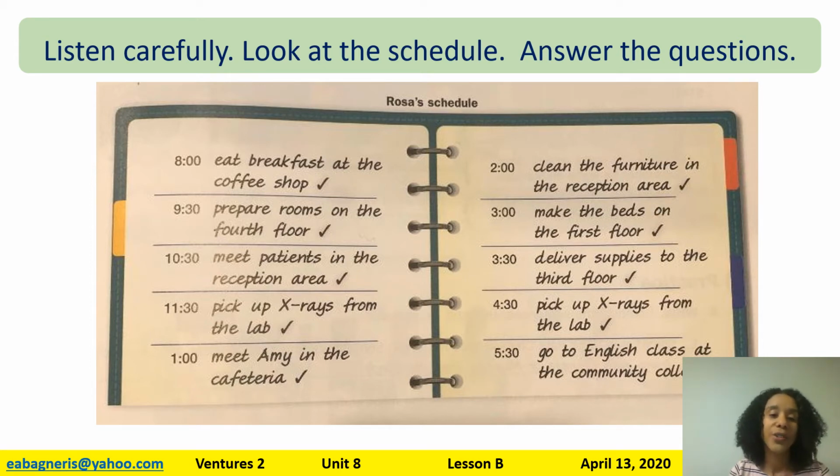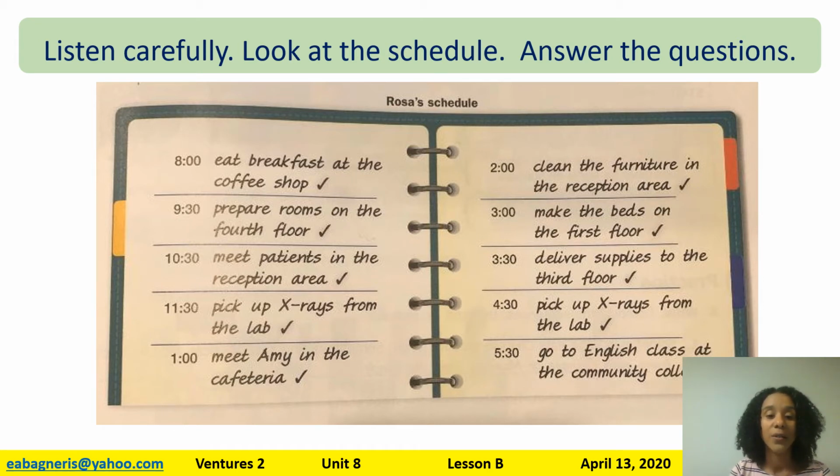And what did she do there? She met patients. Remember, meet is an irregular verb, so she met patients. The next one.